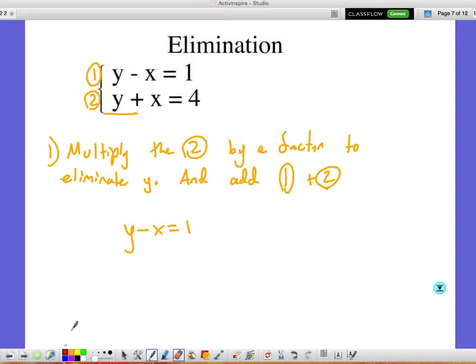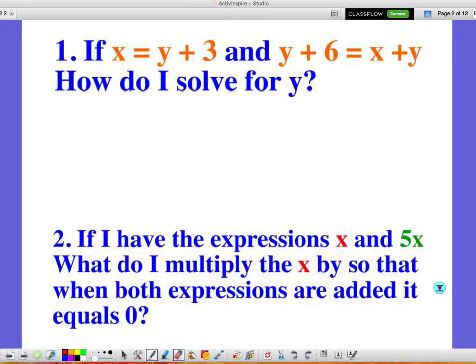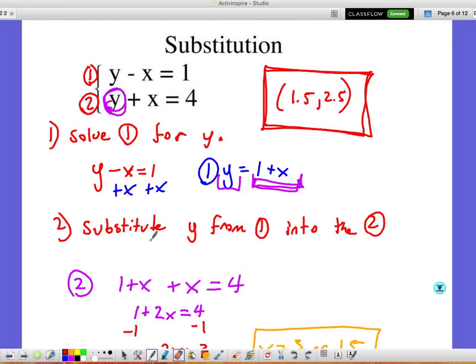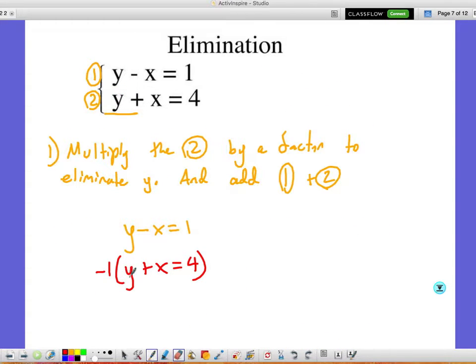What I'm going to do is multiply the whole second equation by negative 1. In the example that I showed you, we have just expressions here. We multiply by negative 5, and that's all we have to do. When we're talking about equations, if we're multiplying y by negative 1, we have to multiply the whole equation. So what we get is y minus x equals 1. That's equation 1. And now equation 2 becomes negative y minus x equals negative 4.